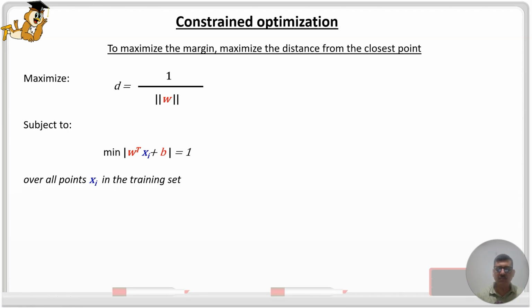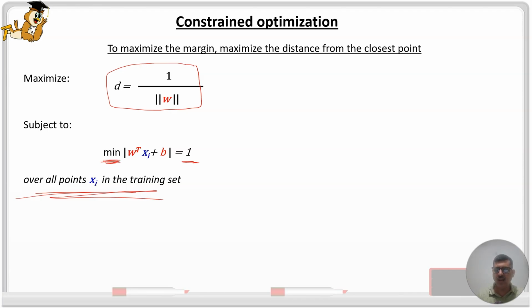To do that, we've just gone through the derivation to show that you have to maximize Euclidean distance, which is equal to 1 over the norm of W, subject to the minimum of modulus of W transpose Xi plus B being equal to 1. In the previous slide, I said this would be greater than or equal to 1, which is another way of saying that the minimum of this has to be equal to 1 over all points xi in the training set. So this is the constrained optimization that we need to perform.